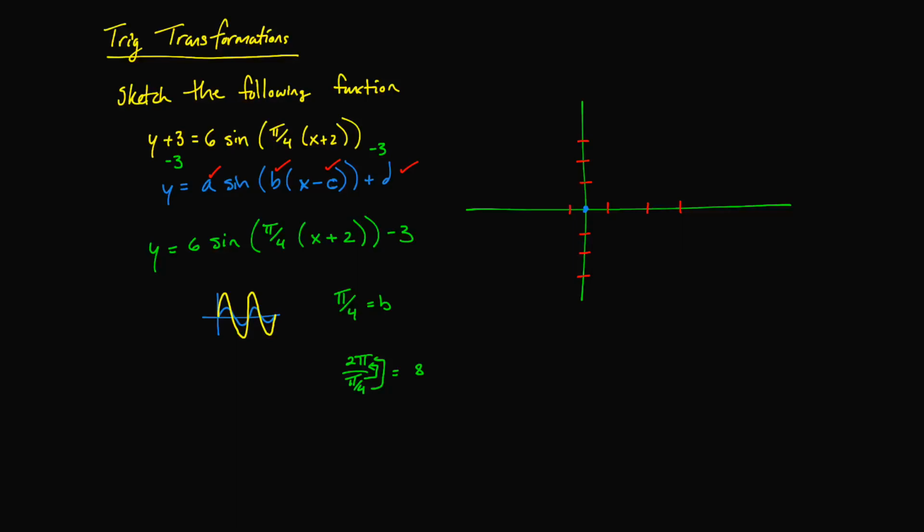And if 8 units is my period, I'm going to try to make these red steps along the x-axis 2. I think that's going to be a good value. So let's say 2, 4, 6, 8, and so on and so forth, 10, 12. That should give us some good data points for our graph.